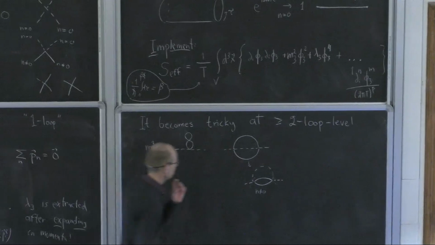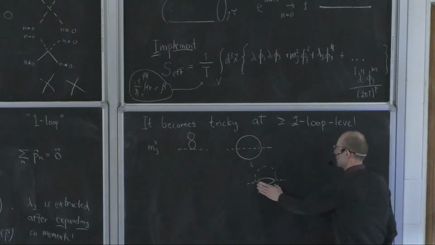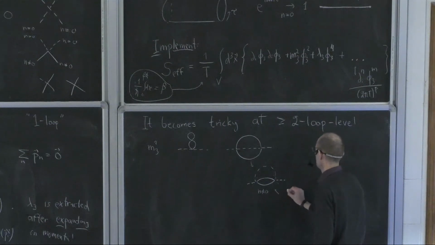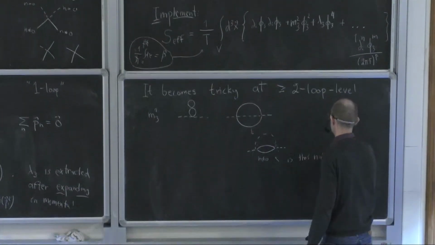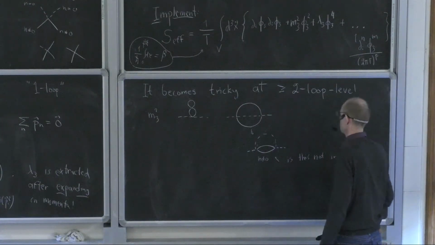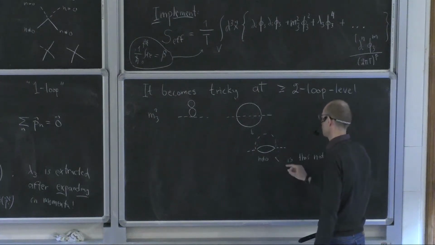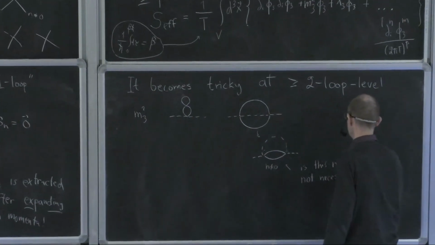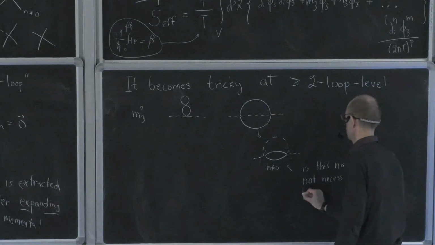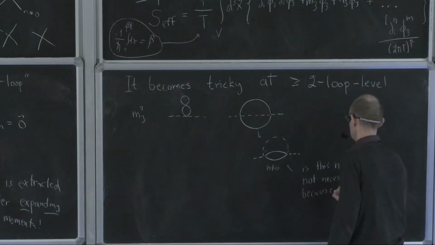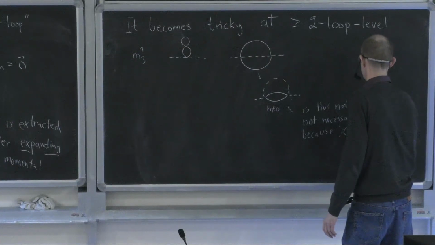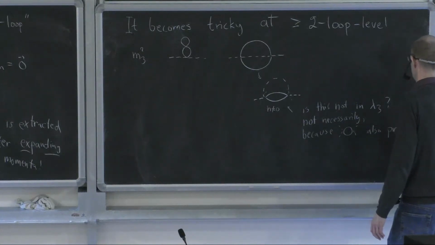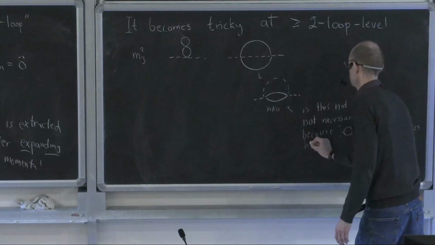Okay, but if I say that, then I may get even more confused. Now I can say, okay, I have this loop, and so first question, is this not in lambda 3? Now we know one answer: not necessarily, because this loop also produces higher dimensional operators.